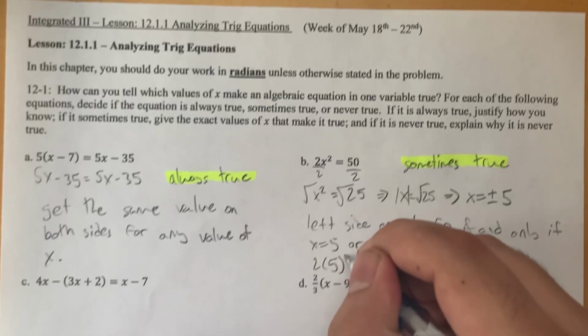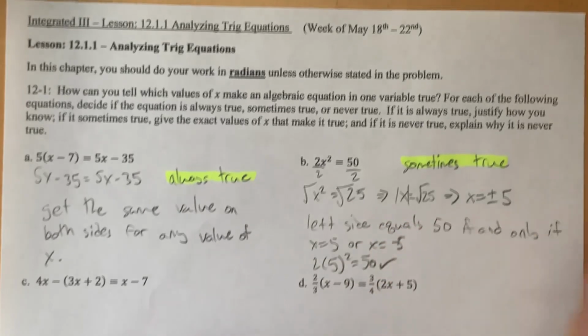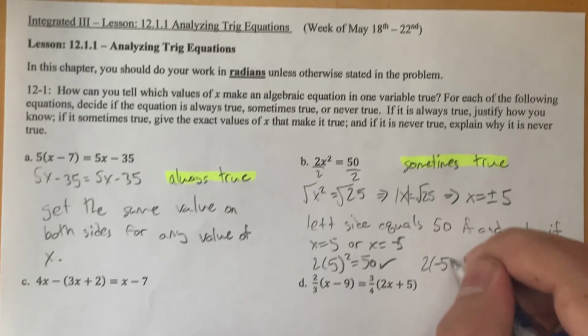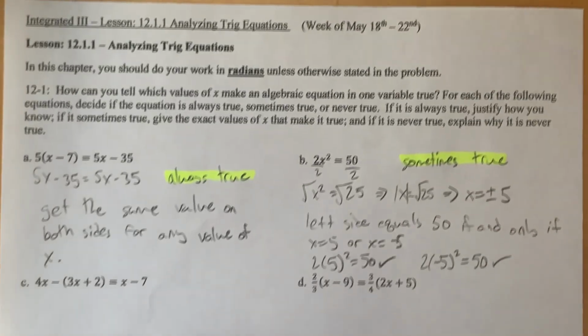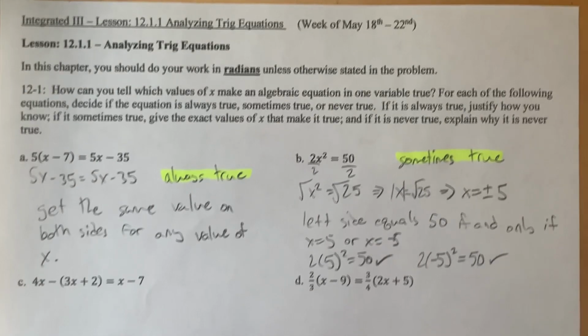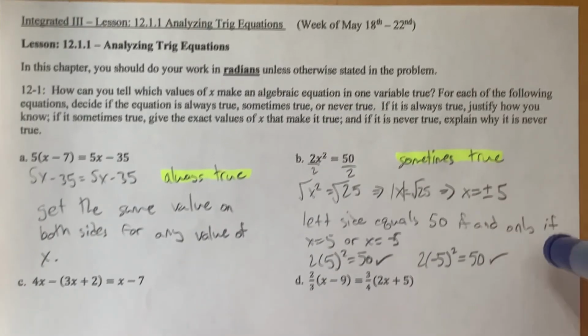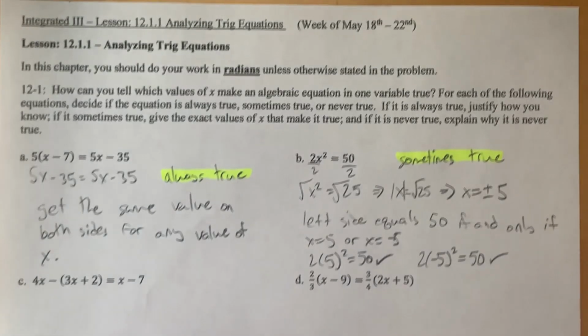2 times 5 squared equals 50, that checks out. And 2 times negative 5 squared also equals 50, and that also checks out. So I also proved that they both work with 5 and negative 5. The reason we use this language is that there isn't any ambiguity.